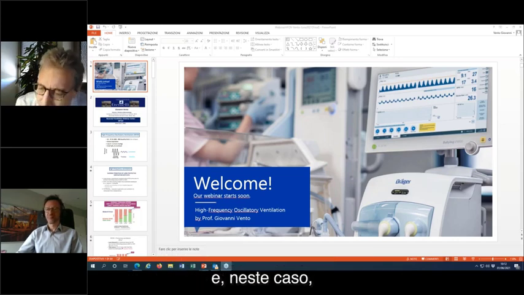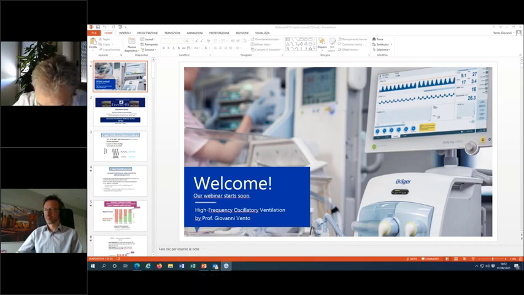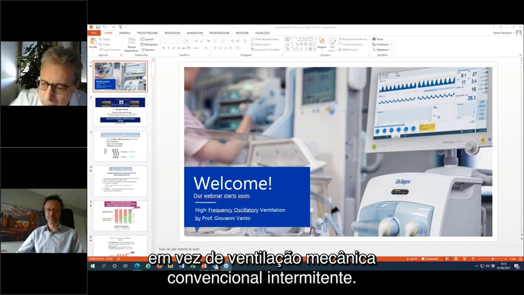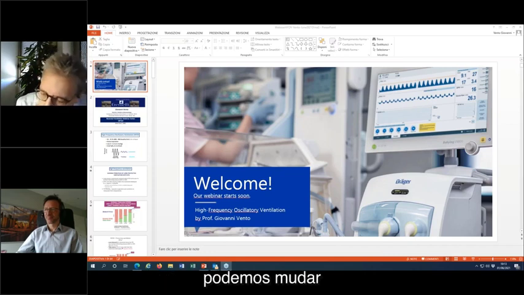And in this case, we re-recruit the lung to obtain the lowest FiO2 instead of intermittent conventional mechanical ventilation.